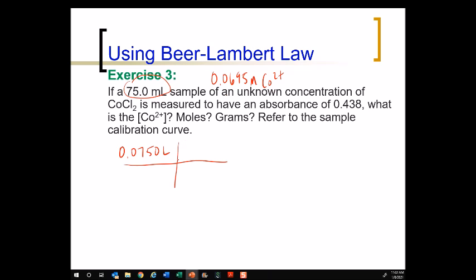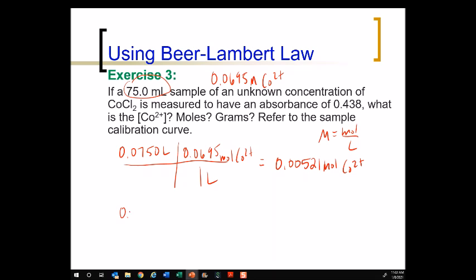And now I can calculate the number of moles. Just like doing that. Use my molarity equation, or you could do the equation this way if you wanted to. I like to set it up in a T-chart, so 0.075 times 0.01695, and here is our moles. 521 moles of cobalt.